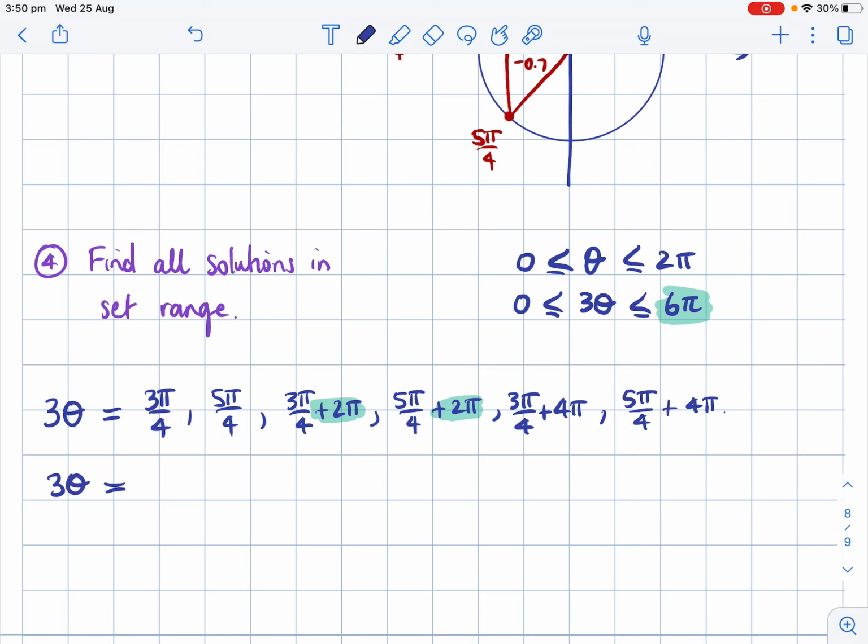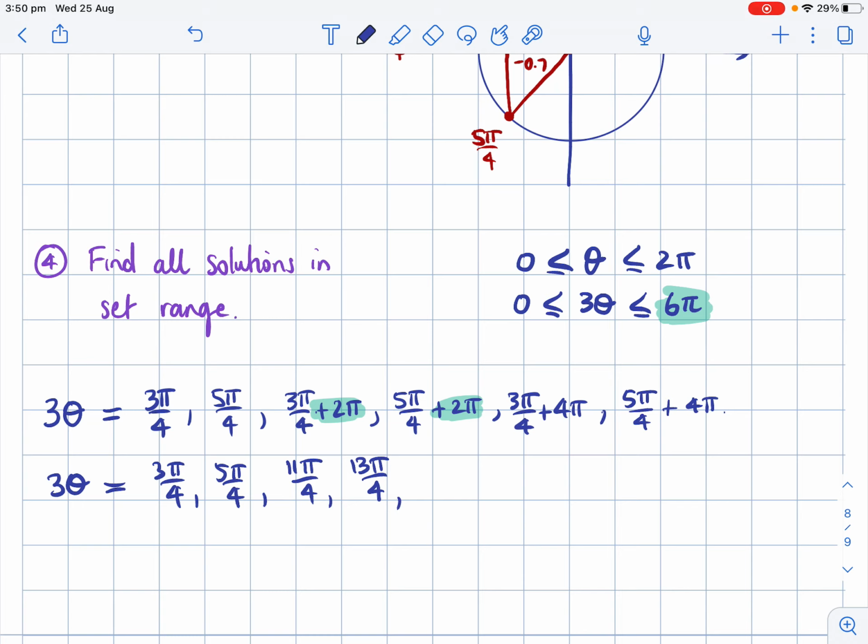Let's actually work out what they are. 3 pi on 4, 5 pi on 4, 3 pi on 4 plus 2 pi. 2 pi is the same as 8 pi on 4. So 3 pi on 4 plus 8 pi on 4 is 11 pi on 4. 5 pi on 4 plus 8 pi on 4 is 13 pi on 4.